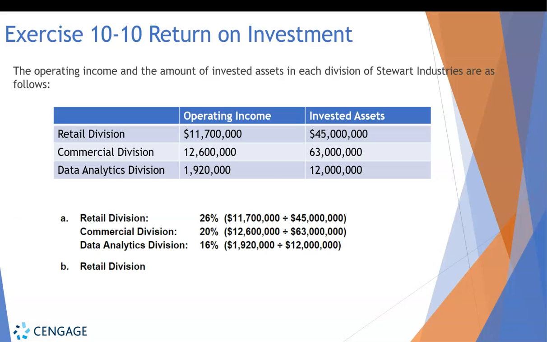So as you see, the retail division is sitting at 26%, the commercial division at 20%, and the data analytics division at a 16% return. So clearly in this case, the retail division is showing the greatest percent return on investment.